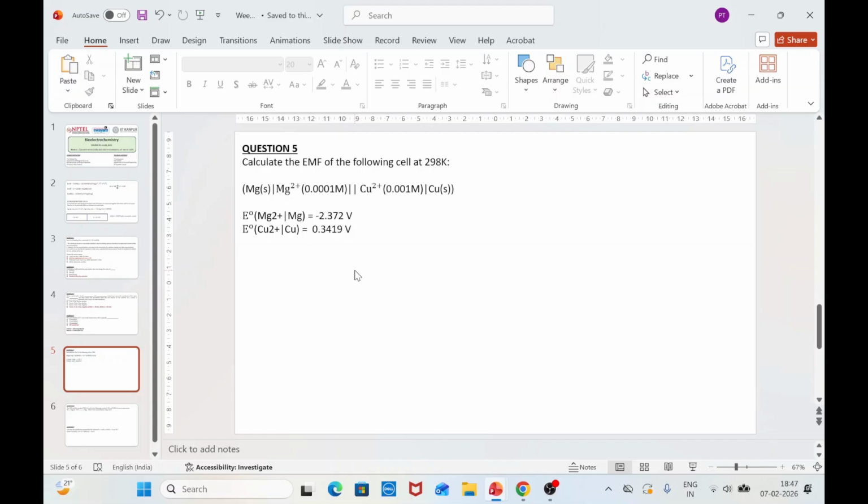Is anyone with the answer? It's very simple. You just need to know which one is the cathode and the anode, and by now you will be able to determine that as soon as the reaction is given to you. Once you know that, E naught of the cell can be easily calculated.